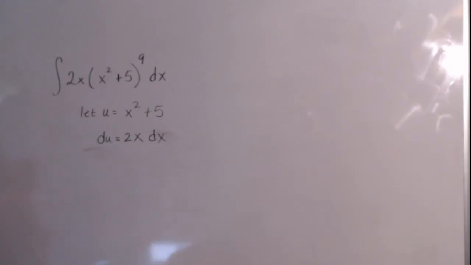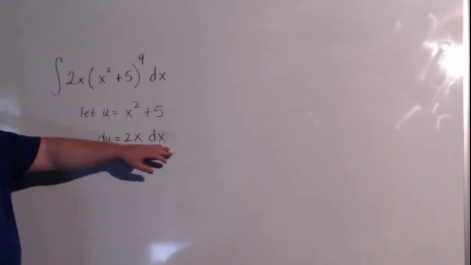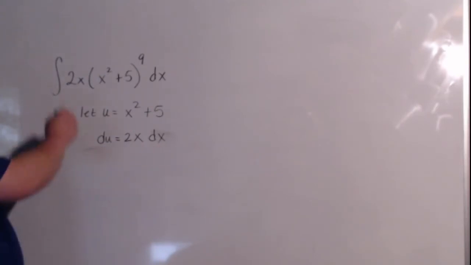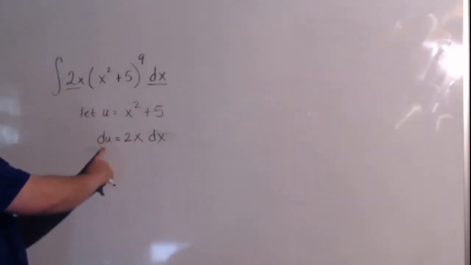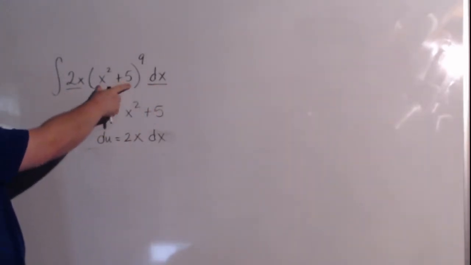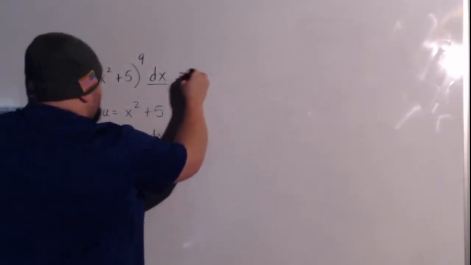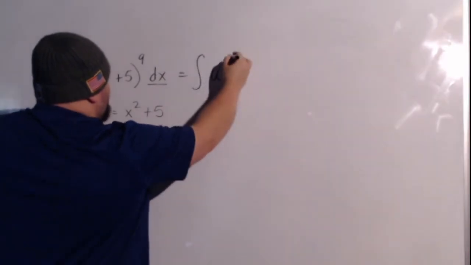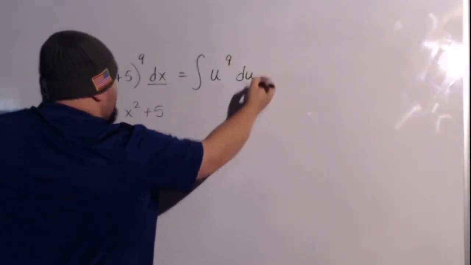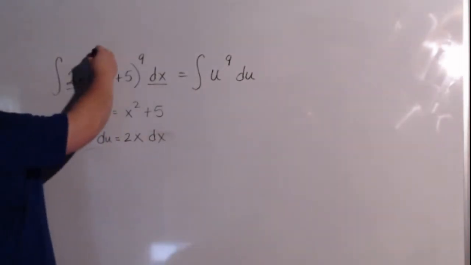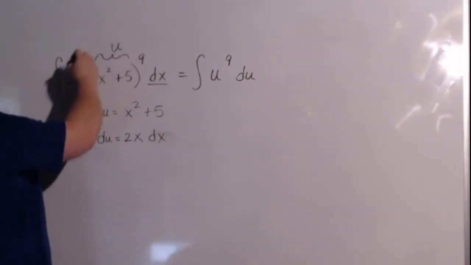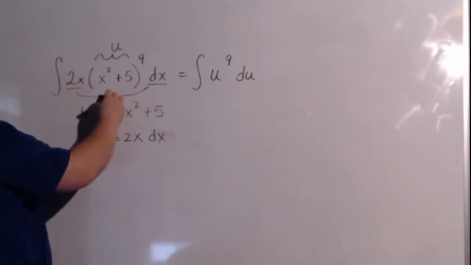So then the question is, do we have all of what we've just created here in the problem? Well, I see a 2x there, and I see a dx there. So all of this is my du, and everything inside of here is u. So this integral becomes the integral of u to the 9th du, because this here is u, and these two things are du.